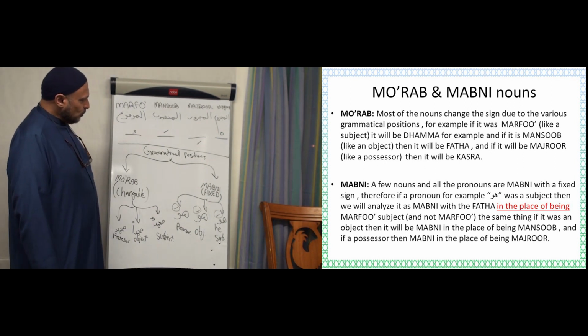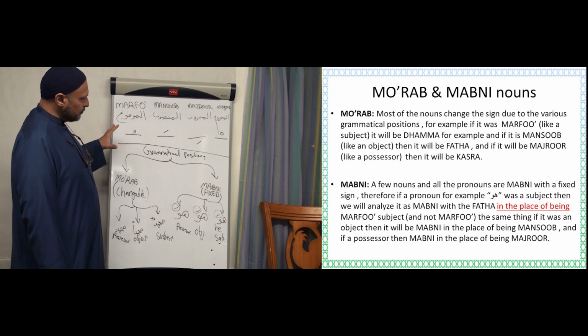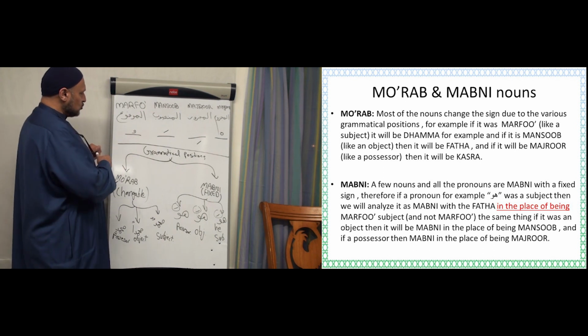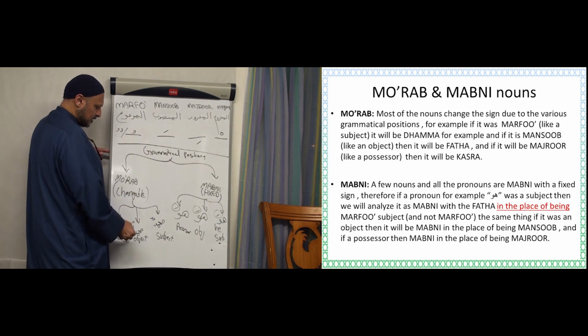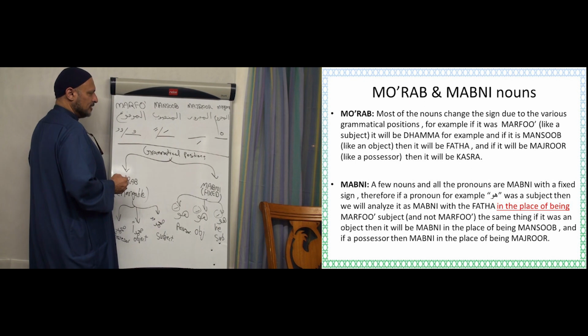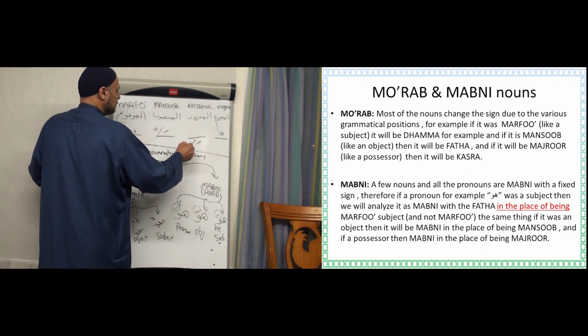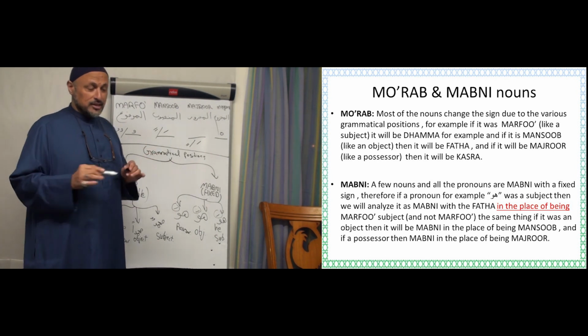Now, in this session, we have taken a few pieces of information. I want you to memorize this information. This dhamma could be a double dhamma, doesn't matter. This fatha could be a double fatha. This kasra could be a double kasra. Sukoon, we don't have double because it's a silence of sign.